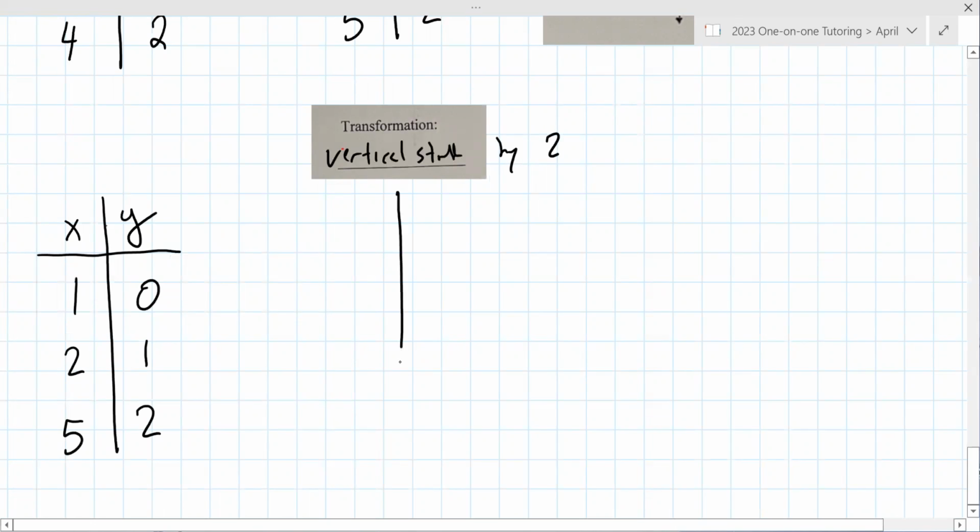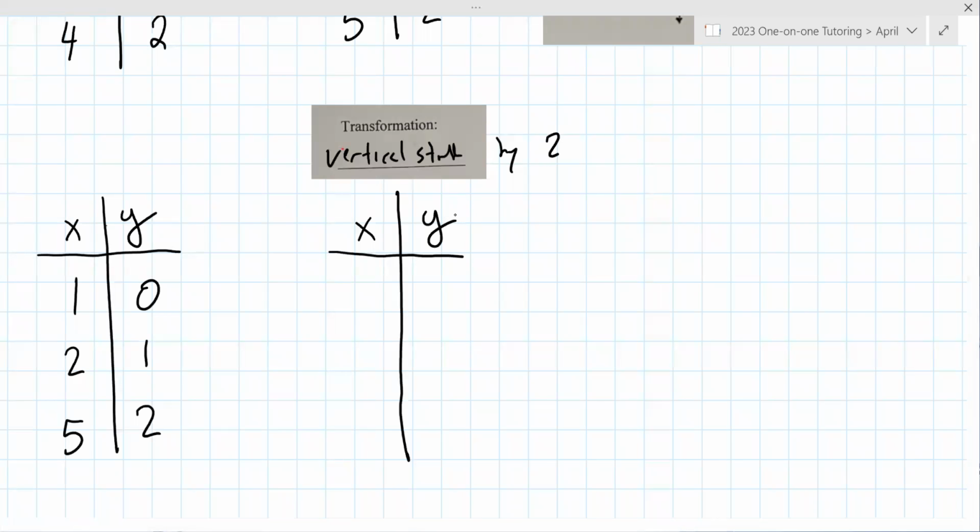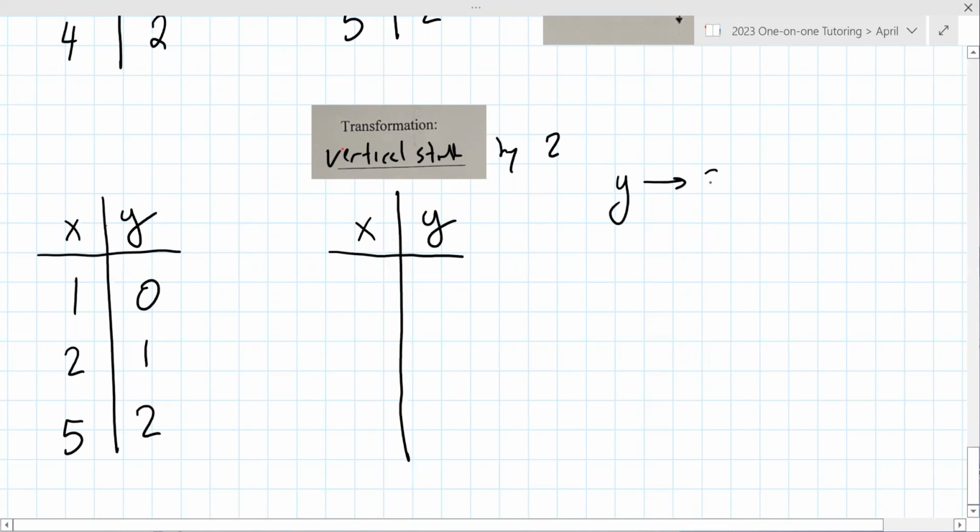Does that affect the X or the Y? The Y. It does affect the Y. This time you're going to take each Y value and multiply it by 2. Can you do that for me, please?